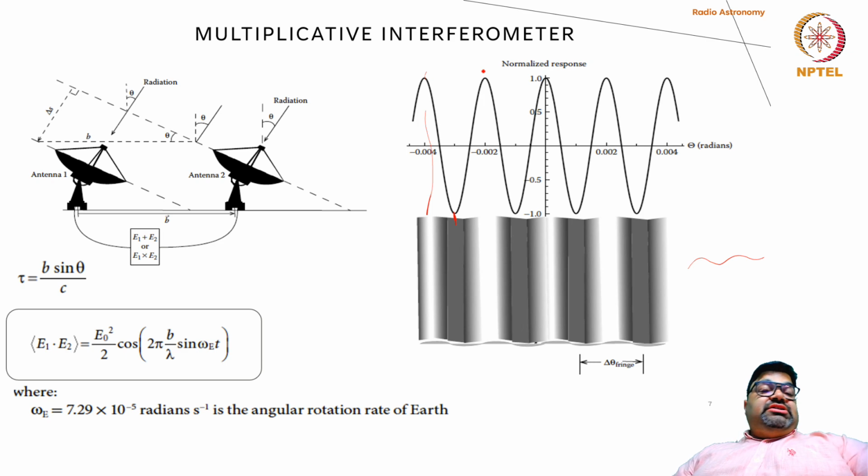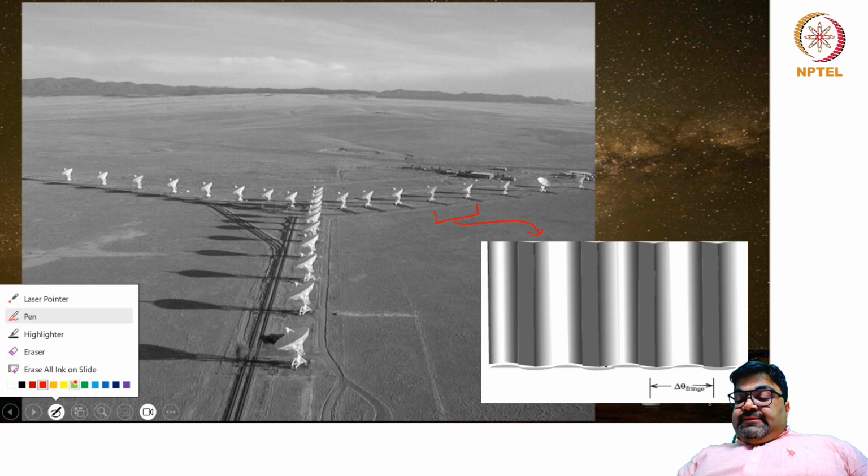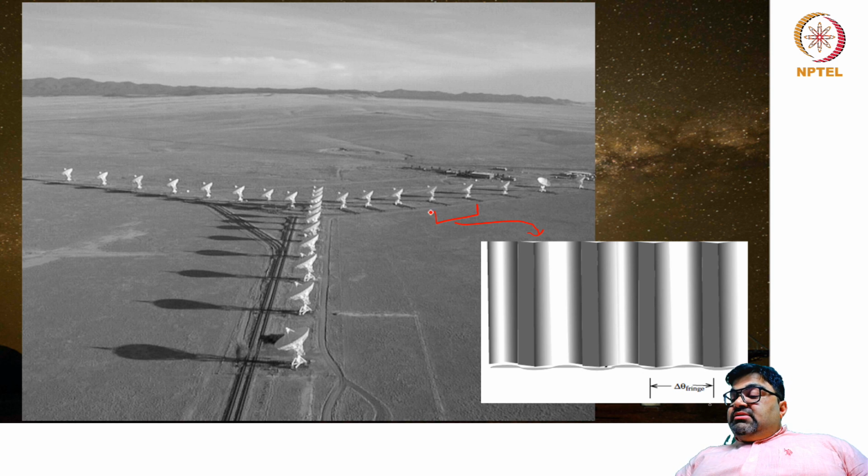Okay, that's the fringe. So this is the response of an interferometer for any two antennas. Let's use a lighter color for the example; this is from any one baseline. That same thing will happen for any other.